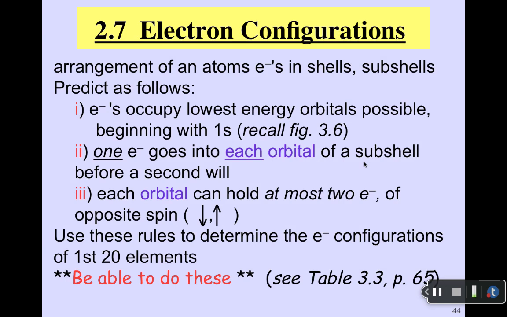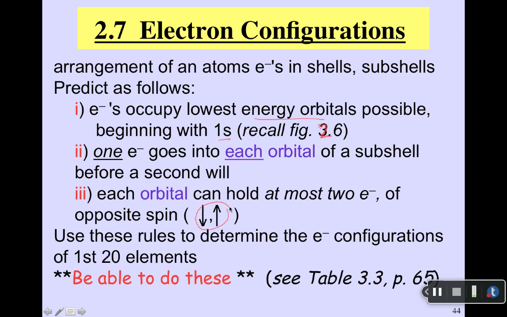All right, a few more comments. The arrangement of the atoms' electrons in shells and subshells will go as follows. The electrons will always be in the lowest energy orbitals possible, always beginning with 1s. One electron is going to go into each orbital of the subshell before a second one goes in.